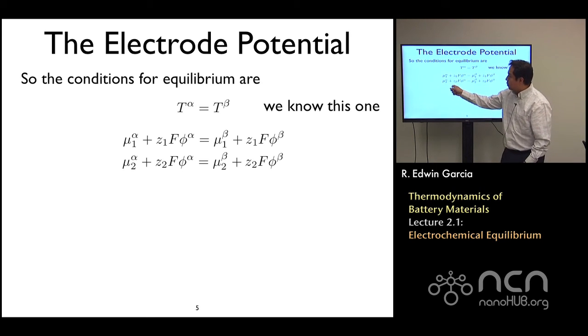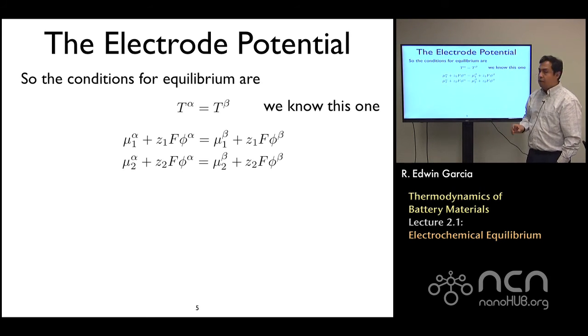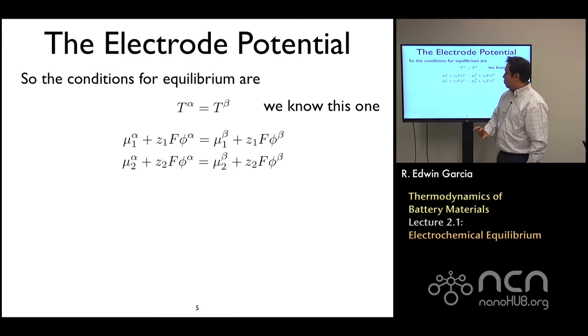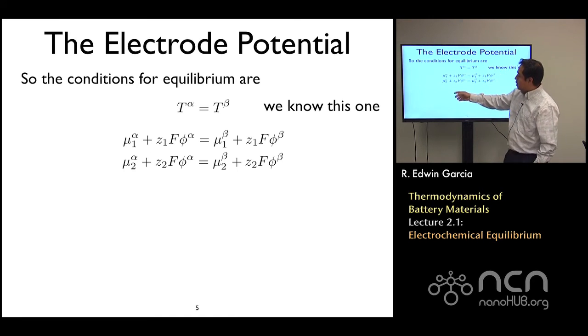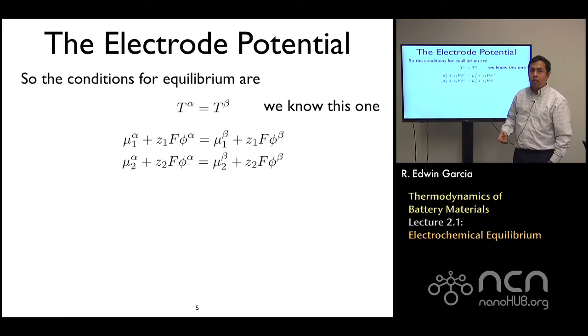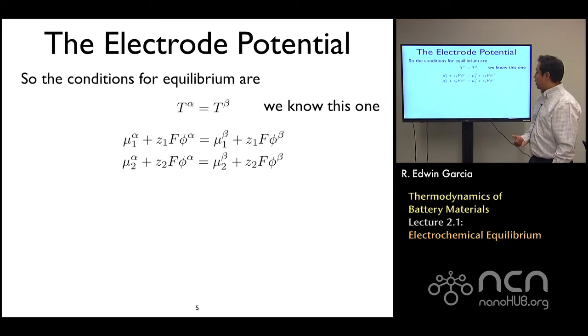And the same applies for component 2. If this system was electrically neutral, in other words, if there was no charge contribution, the voltage could be ignored, and we could say that at equilibrium the chemical potential is the same, which is something we expect from a chemical system.